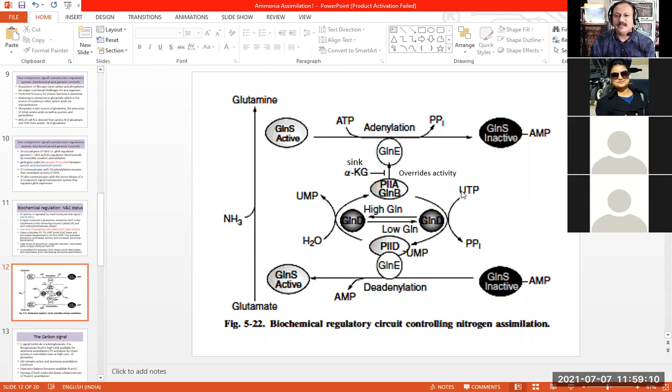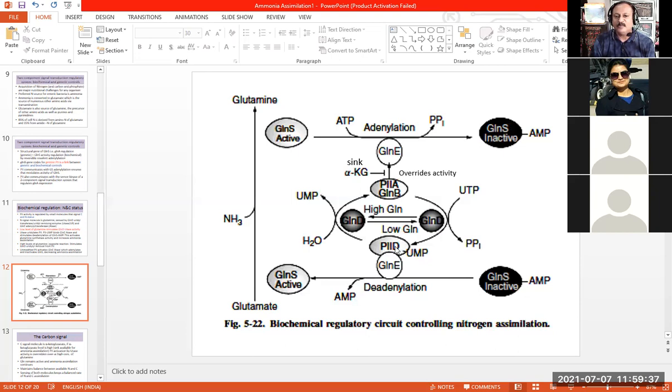From the UTP, a UMP group is attached to P2, and therefore it becomes P2D. This is uridylated. Now this uridylated P2 molecule will cause activation of the GLNE enzyme, and this activation is by way of deadenylation. So the adenyl group or AMP group from GLNE will be removed.